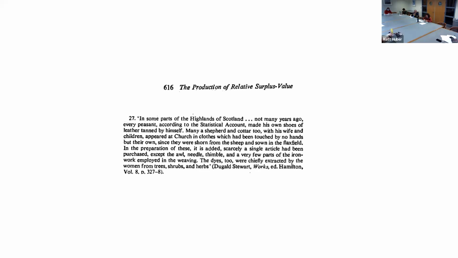Many a shepherd and cotter too, with their wife and children, appeared in church in clothes which had been touched by no hands but their own, since they were shorn from sheep and sewn from the flax field. In the preparation of these, it's added, scarcely a single article had been purchased, except the awl, needle, thimble, and very few parts of the ironwork employed in weaving. The dyes, too, were chiefly extracted by the women from trees, shrubs, and herbs.